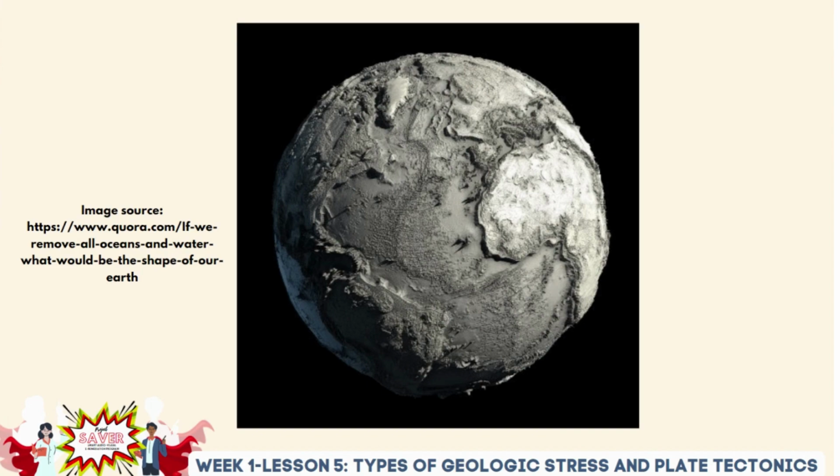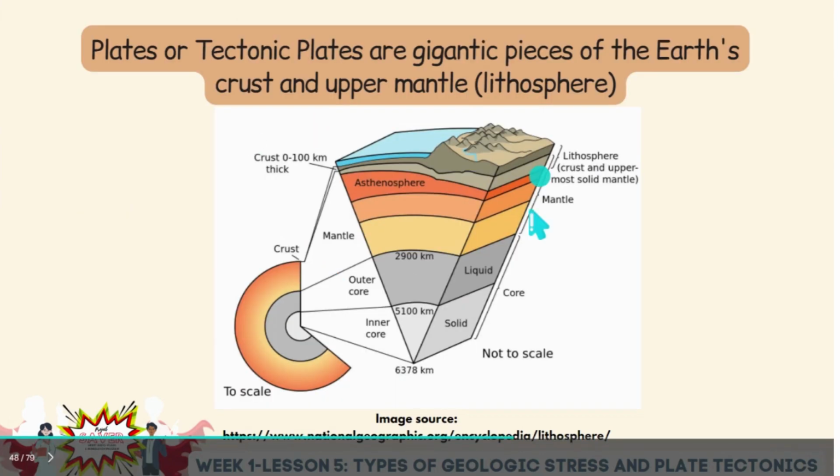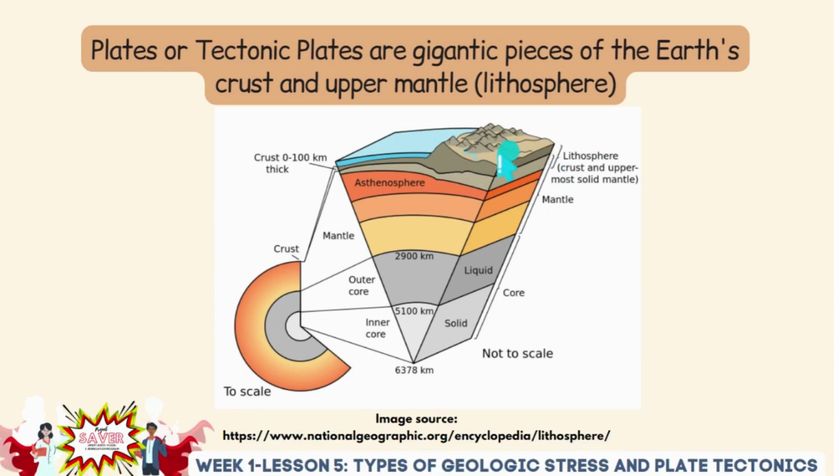Balikan natin ang parts ng interior ng Earth. Makikita natin dito na ang lithosphere ay binubuo ng crust and upper mantle na rigid at sa ilalim nito ay asthenosphere. Itong asthenosphere ay plastic-like.